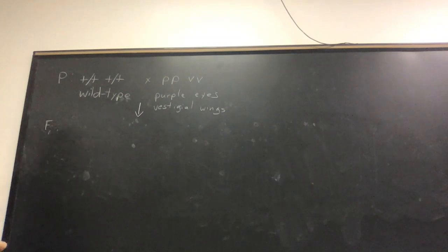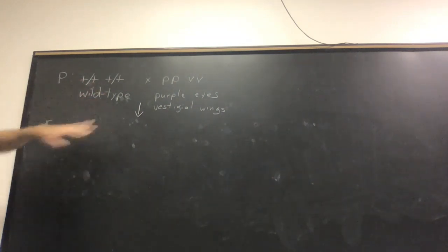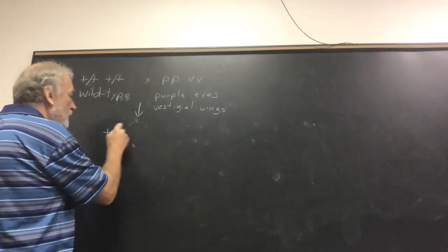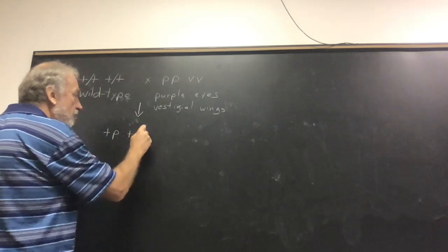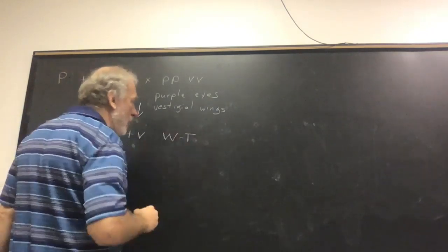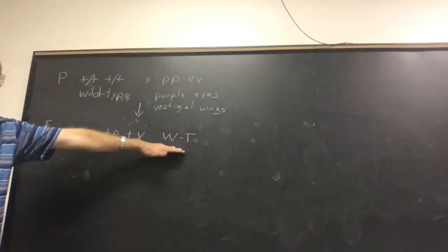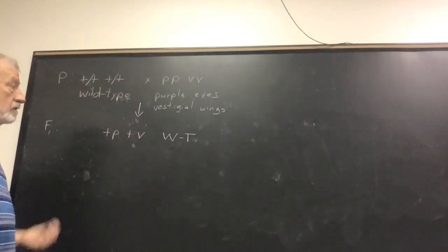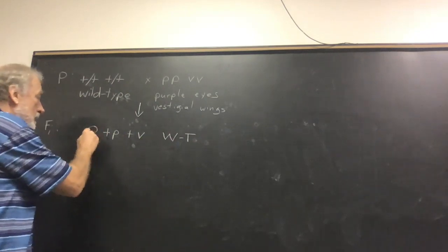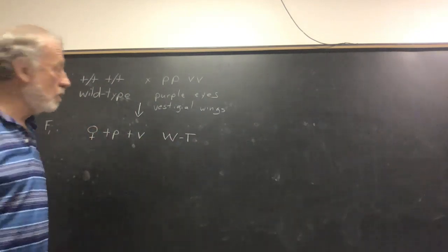All right, the F1 generation will be wild type because they get a plus allele from each parent. So the genotype will be plus P, plus V, and their phenotype is wild type, abbreviated WT. Then we take an F1 female and perform a test cross.